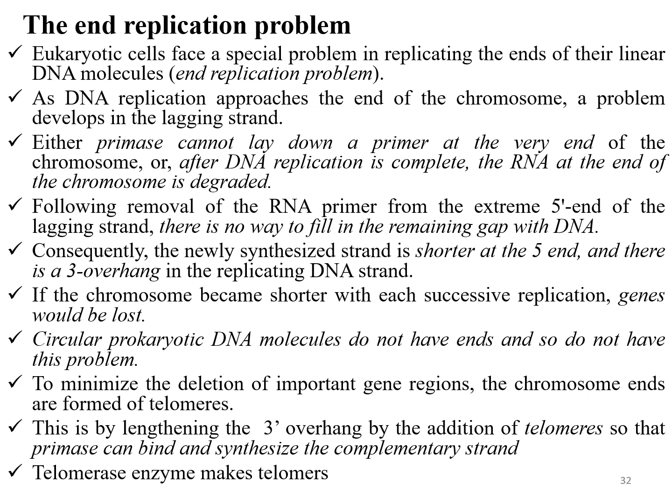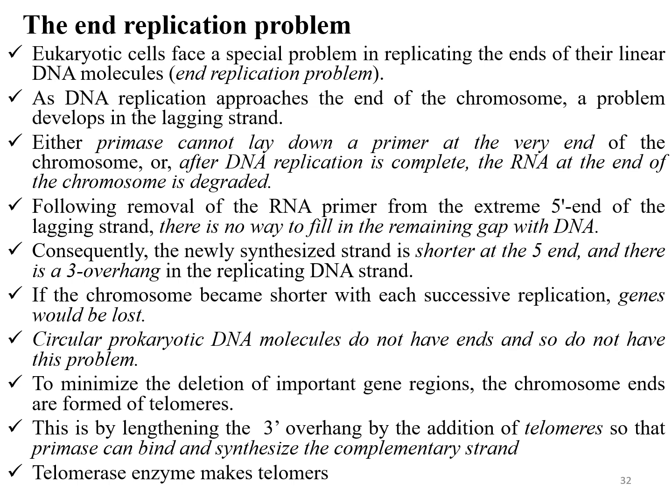Primase cannot lay down the primer at the very end of the chromosome, or after the DNA replication is complete, the RNA at the end of the chromosome is degraded following the removal of the RNA primer from the extreme 5 end of the lagging strand. There is no way to fill the remaining gap with DNA.